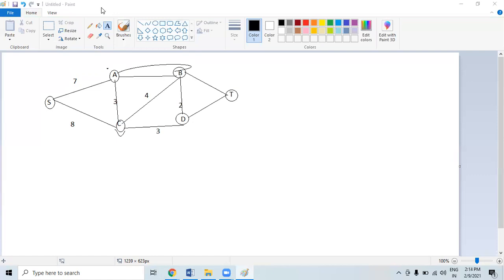So we are giving the number of particular edges and direction, right? Here two self loops are there, right? Okay, let me complete this diagram, then we will discuss.